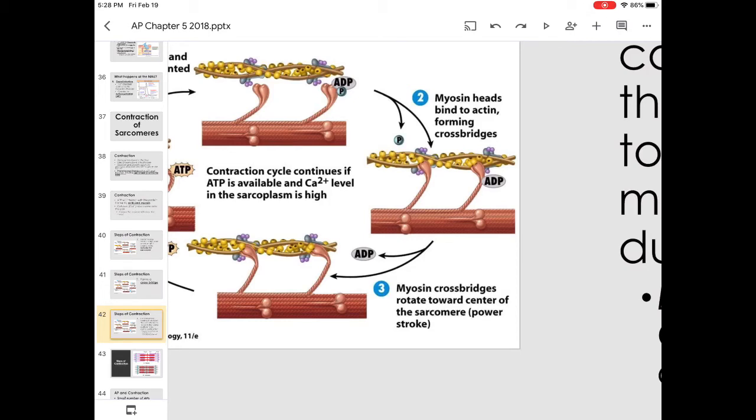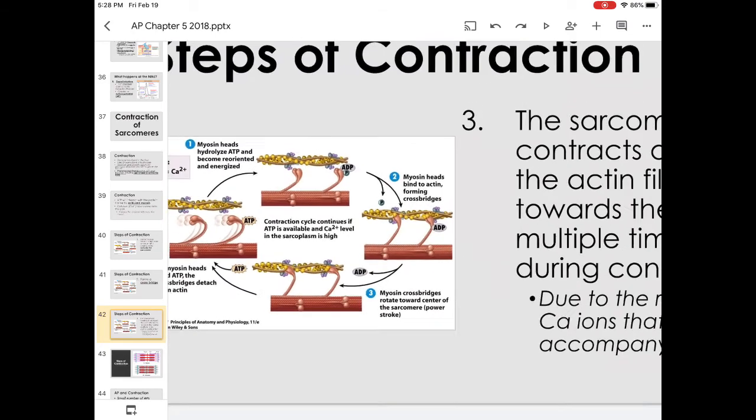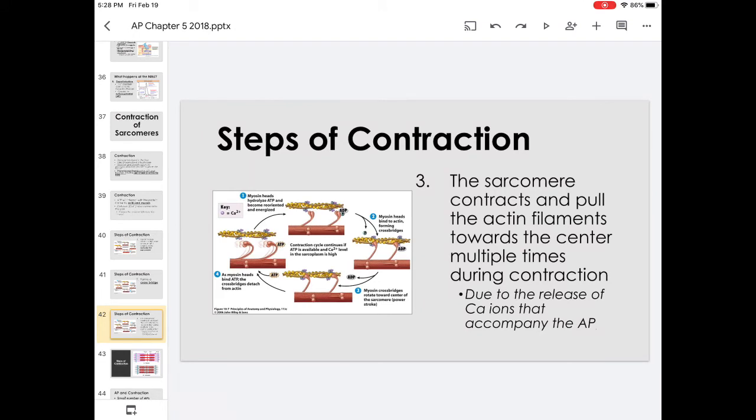Then, in the third step, the sarcomere is going to contract because of this interaction between the myosin head and the actin, and it's going to pull the actin filament towards the center many times as you have this contraction occurring. It kind of looks like rowing, like if you've ever seen somebody row, it's that mechanical stimulation that keeps occurring. So you're going to have these heads pull these actin filaments towards the center and then keep pulling them in that same direction when you have a contraction happening.